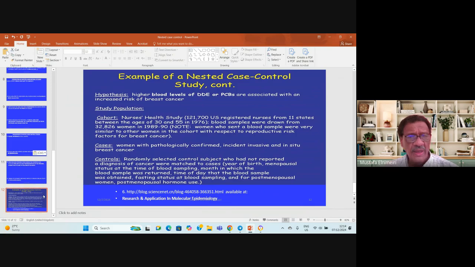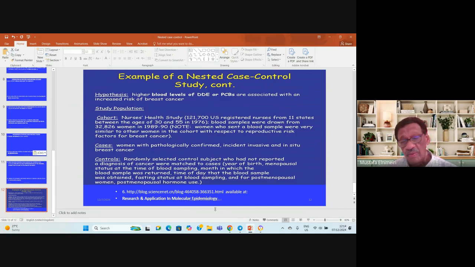There are important examples of nested case control, like this one, where they measured high blood pressure and certain exposure to chemicals and agents, and their association with the risk of developing breast cancer, as we can see in this study, which I have attached here with the website.